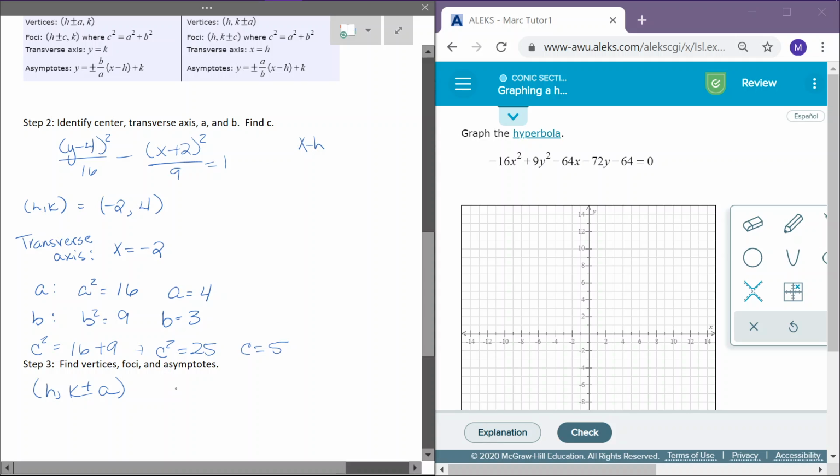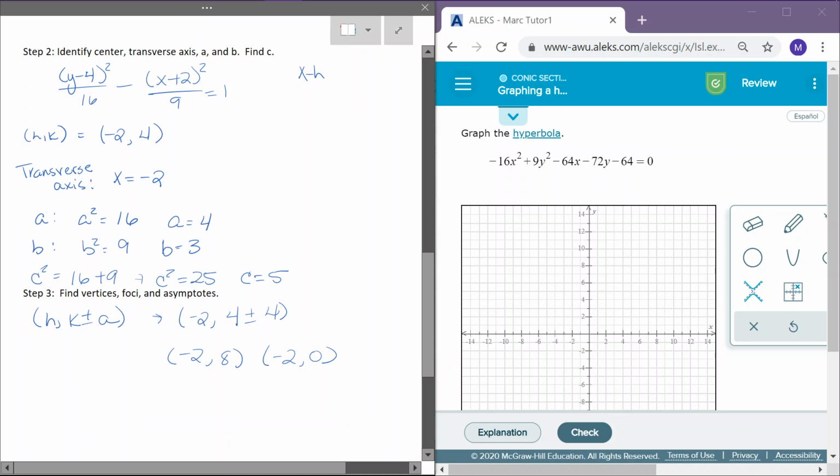So we have h, which is negative 2, and then we have 4 plus or minus a, which is 4. So we have negative 2, comma 8, and negative 2, comma 0. And this was the vertices.